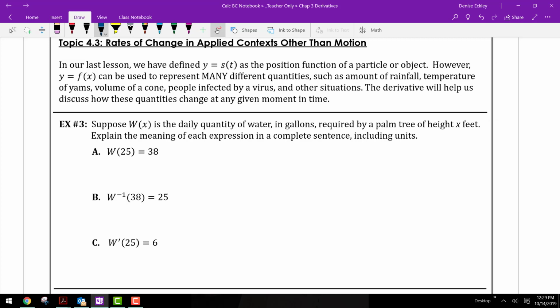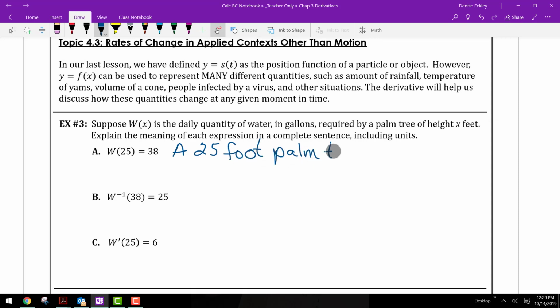So we would write that a 25-foot palm tree requires 38 gallons of water each day.